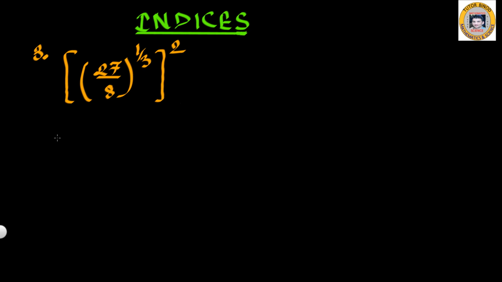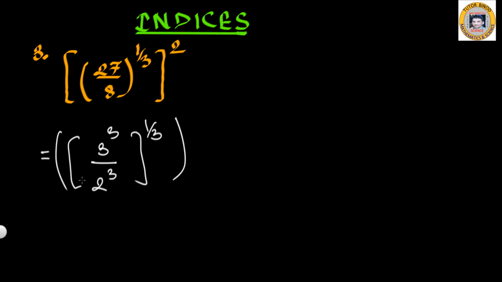Now in this question we have (27/8) raised to the power 1/3, and the whole power is 2. So 27 is again 3 to the power 3, whereas 8 is 2 to the power 3, raised to the power 1/3, and again to the power 2.